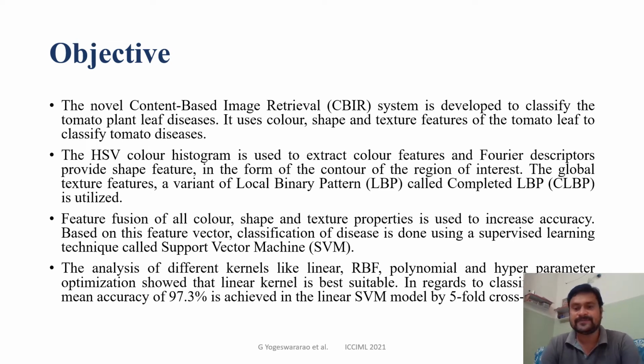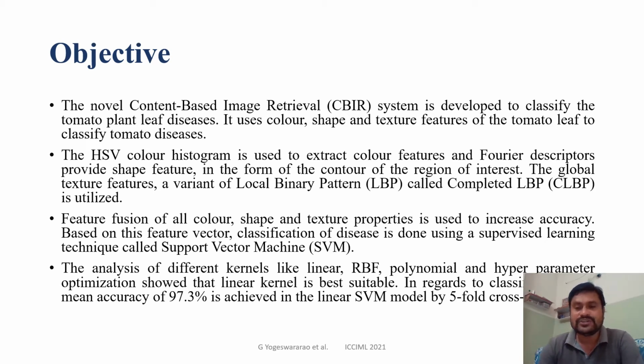pattern. After getting the individual features of color, shape, and texture, we fused them all and formed a single vector called a feature vector, concatenating all the features of color, shape, and texture.